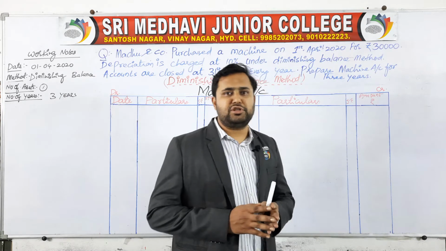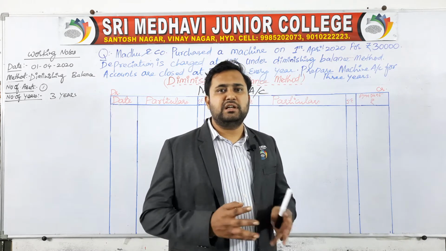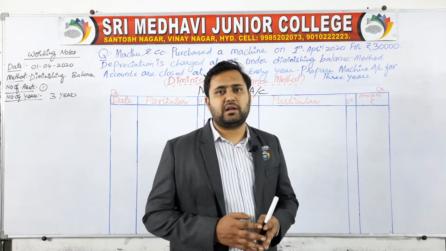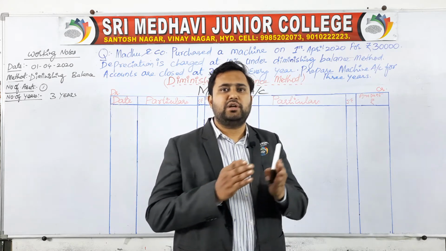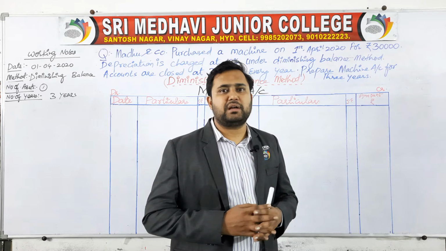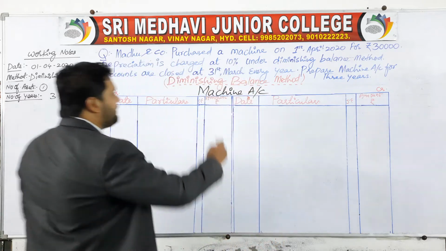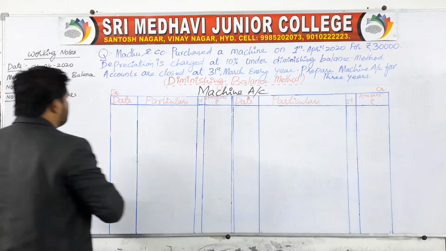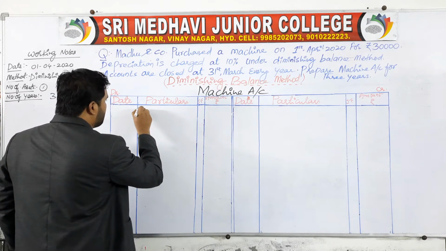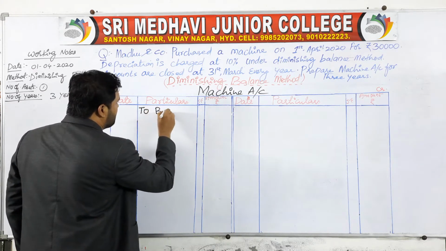When you purchased a machine, the journal entry will be machine account debited to bank account, or you can say machine account debited to cash account. Both are correct.